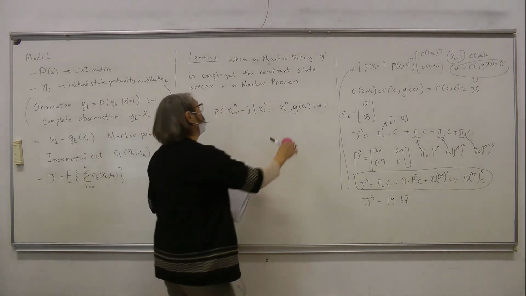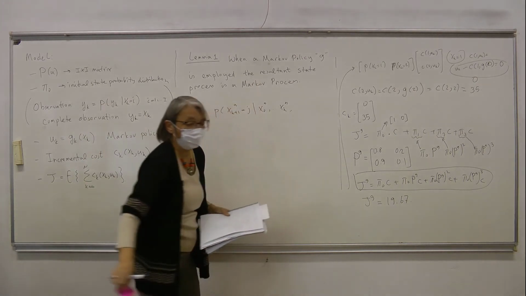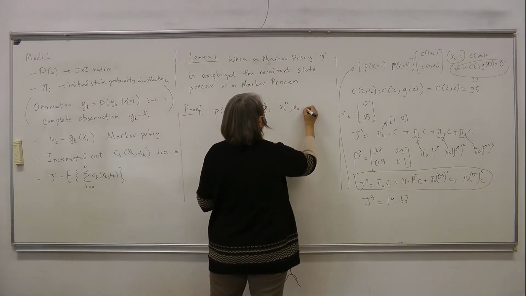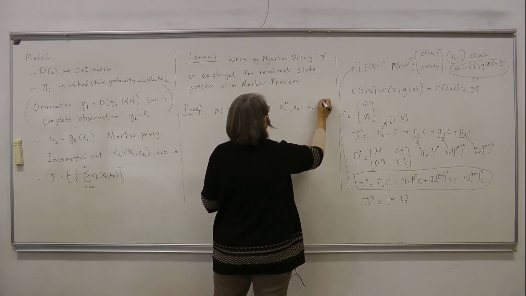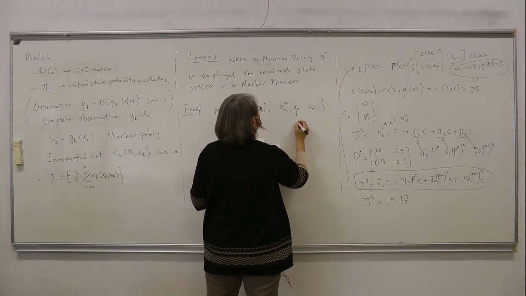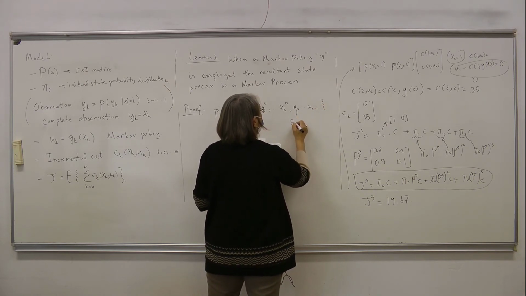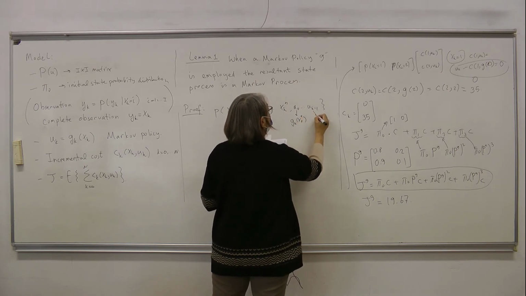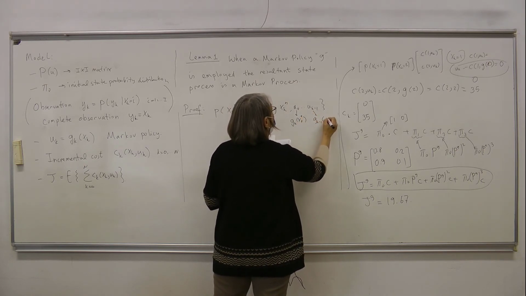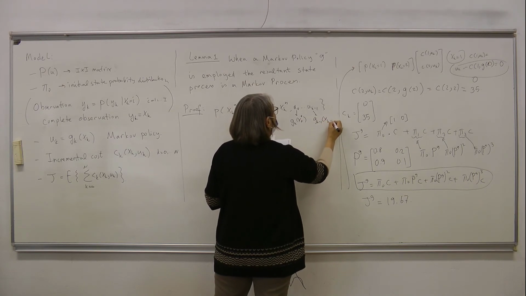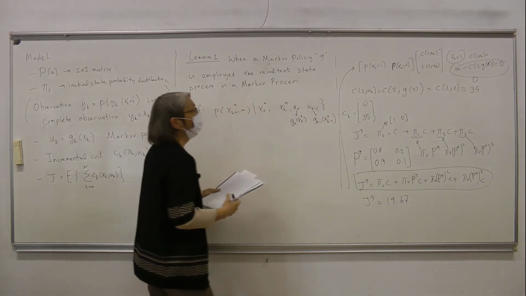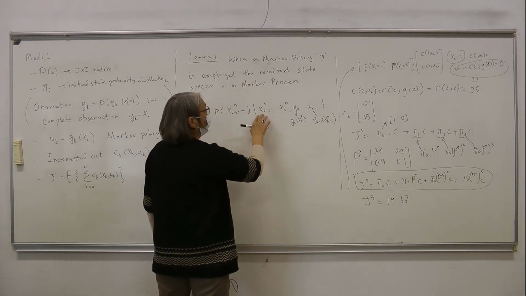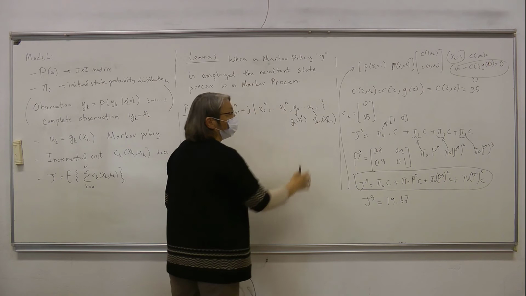Sorry for that. u0 up to u_{k-1}. And now this u0 is a function of x0^g, and this is a function of x_{k-1}^g. So in the given condition, we have those random variables and their functions.